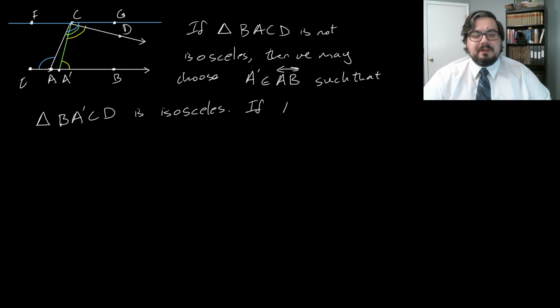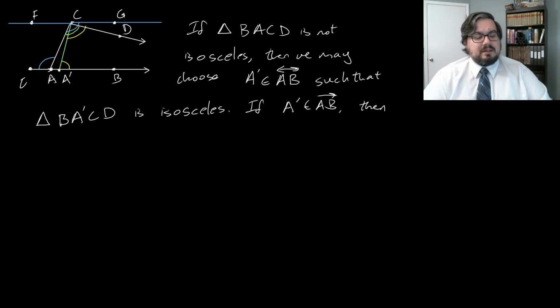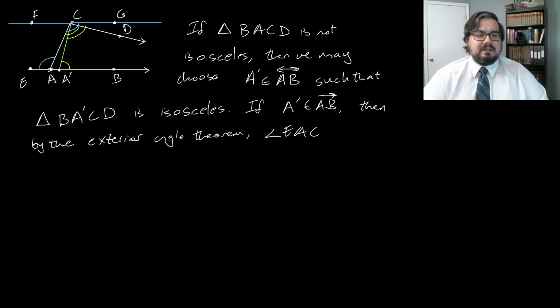Now, if the point A prime that we found here is in the ray AB, the way that we have it set up here, then by the normal exterior angle theorem, we have that the angle EAC, which is an exterior angle, or rather, sorry, we want to do it this way.